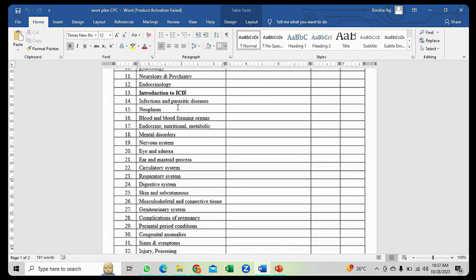Each thing we will be seeing in detail. What we have to code, how we are coding, and why. While coding the diagnosis, we need to see some guidelines.